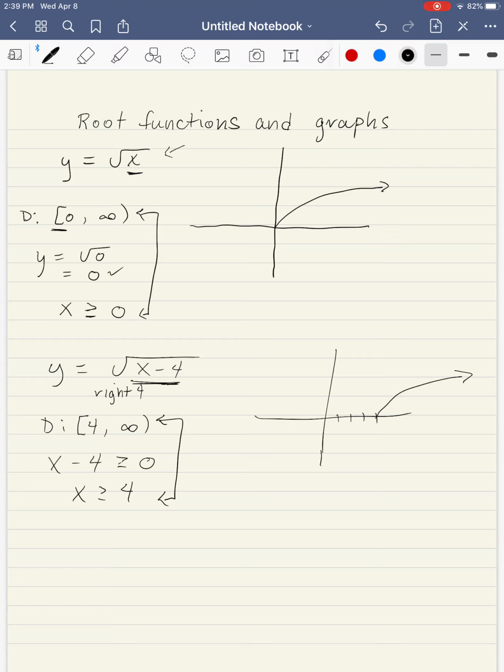So we can use this method to find the domain of a function with a square root.